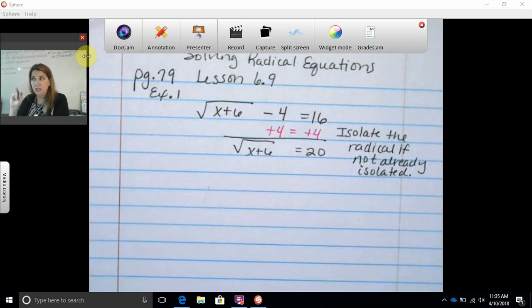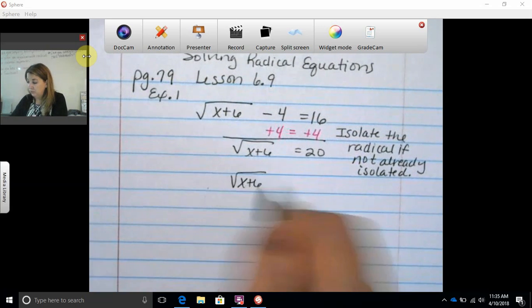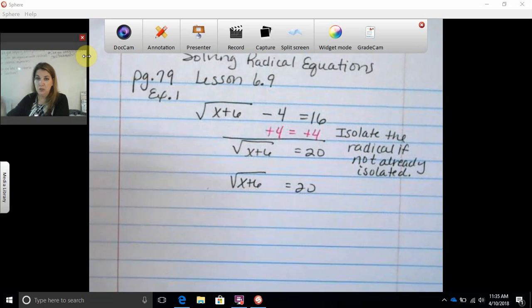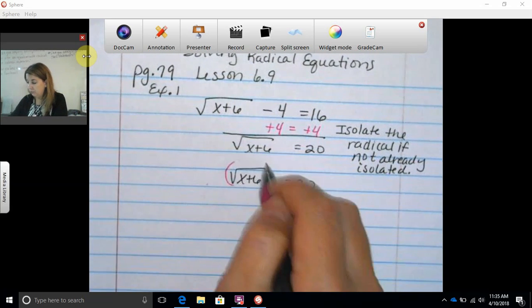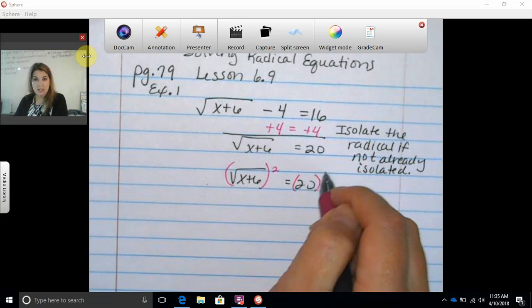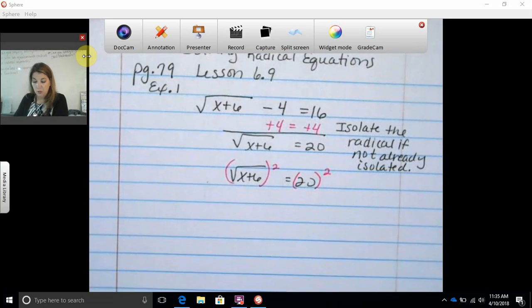Squaring it. So if I want to undo the radical, I want to get rid of the radical, I'm going to square both sides, okay? What I do to one side, I have to do to the other. You can't just do it to one side. So I'm going to square both sides of the equation. What do you think the square root of x plus 6 quantity squared is?